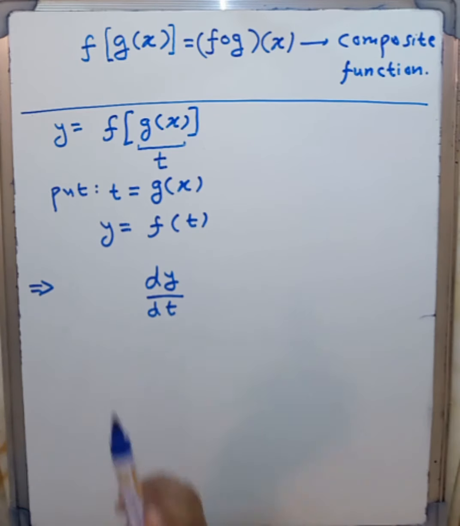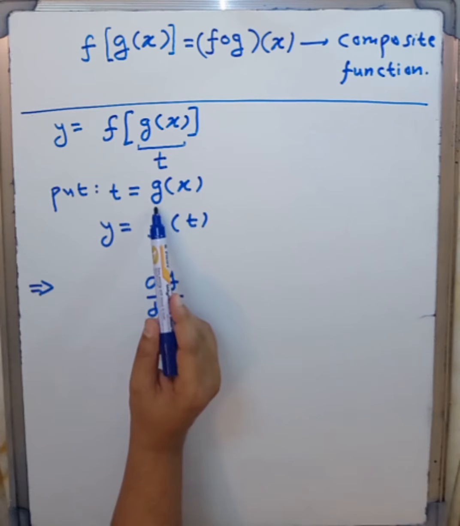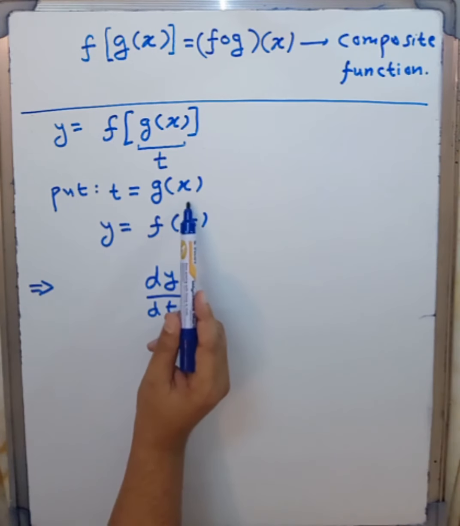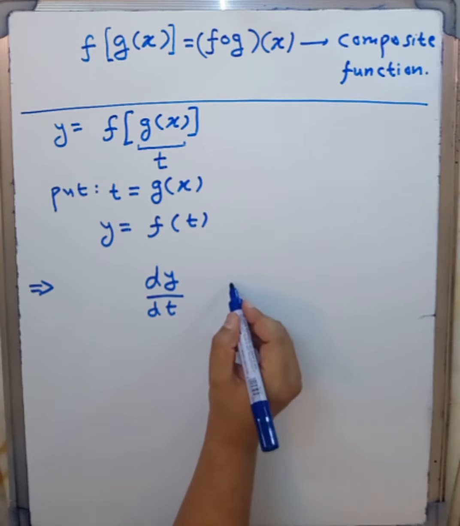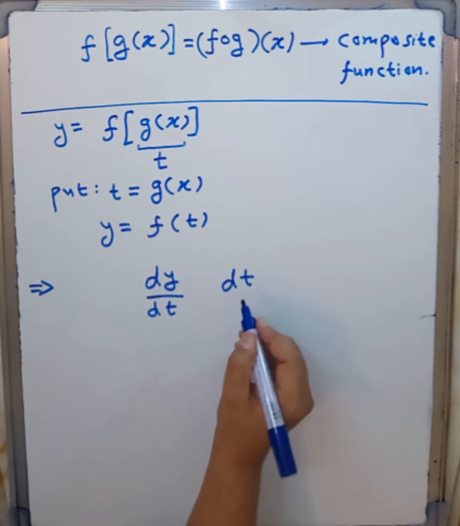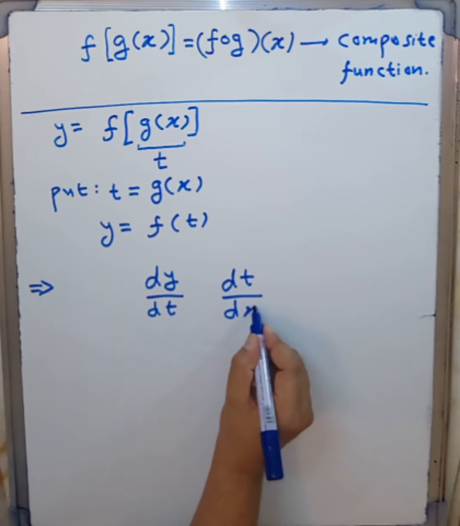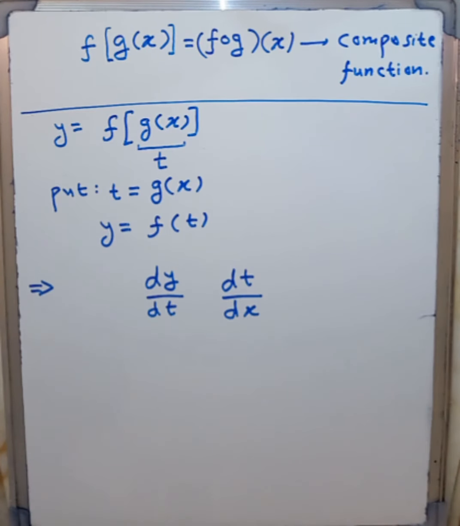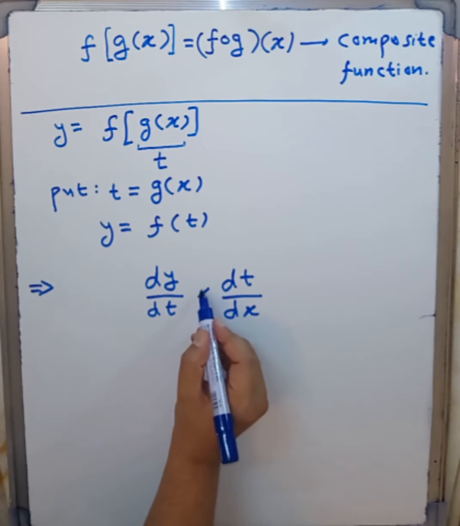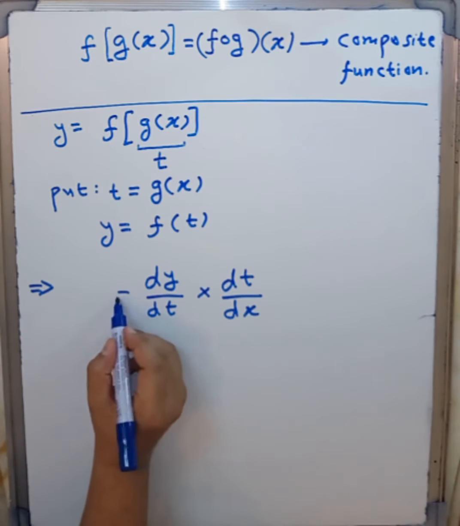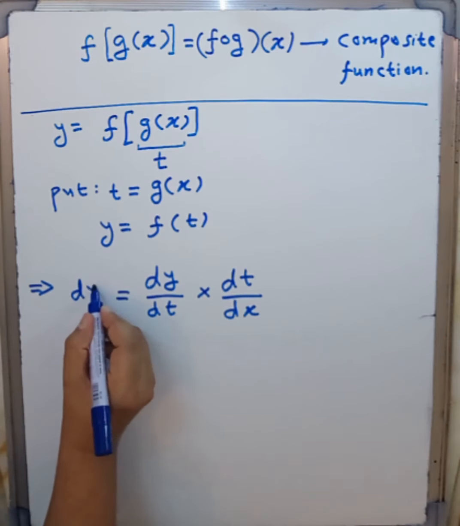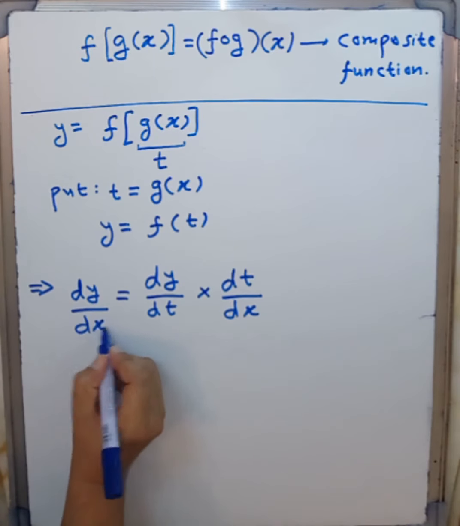Same way, t is a function of x, so we can find dt by dx, or we can say that because t is a function of x, we can differentiate t with respect to the variable x. If I multiply these two, this will give me dy by dx.